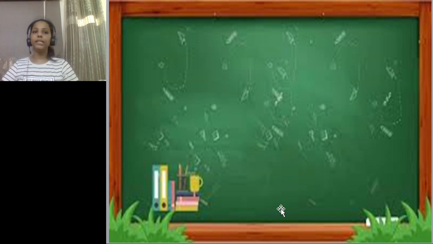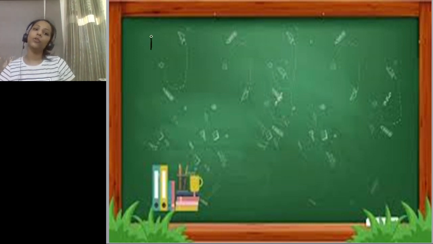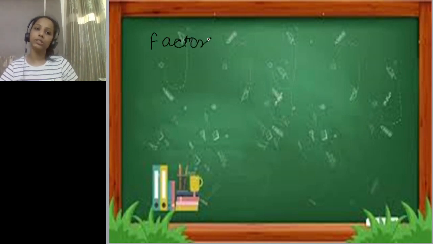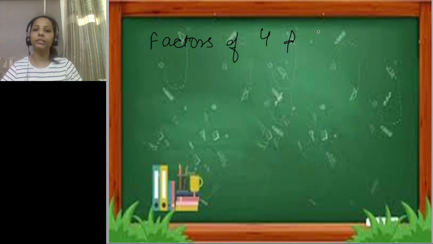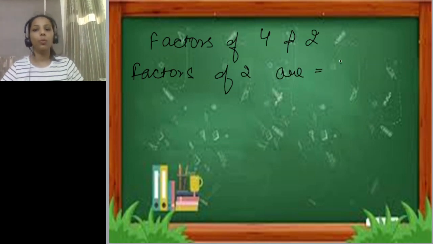So now let's do one question. We have to find the factors of 4 and 2. Now let me write the factors of 4 and 2. Factors of 2 are 1 and 2, right?